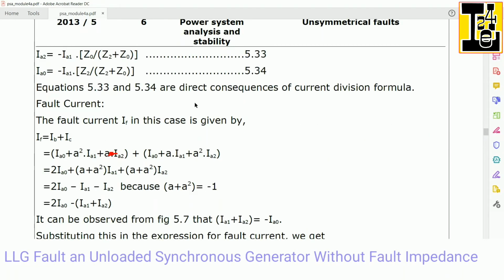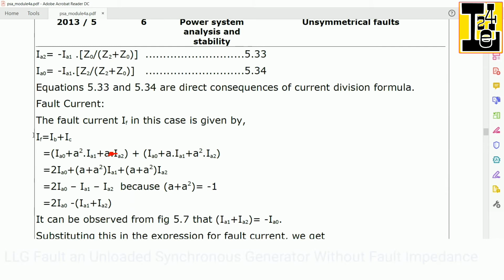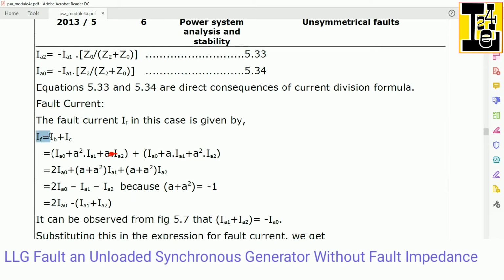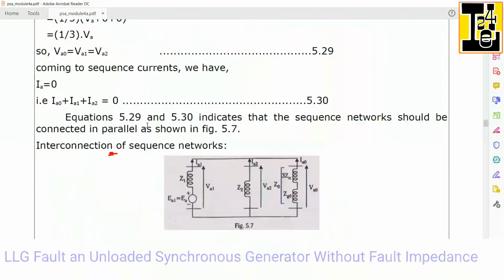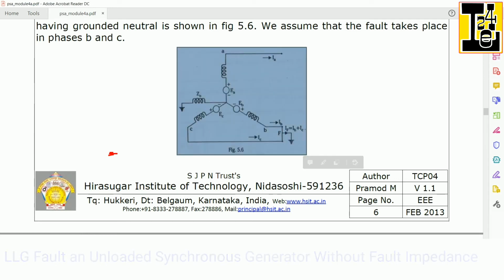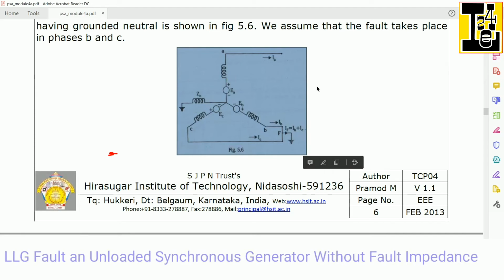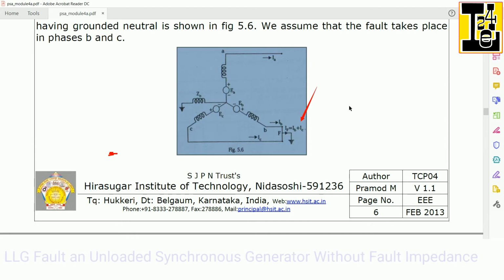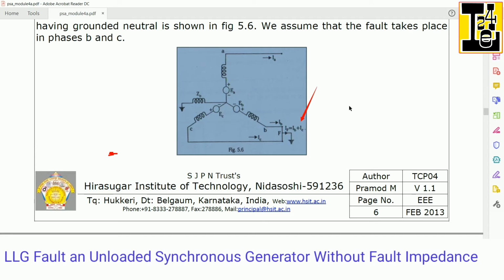Let us find the expression for the fault current, that is IF is equal to IB plus IC. If you observe this circuit, both the currents IB and IC are flowing to the ground.